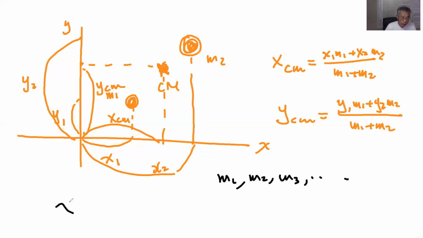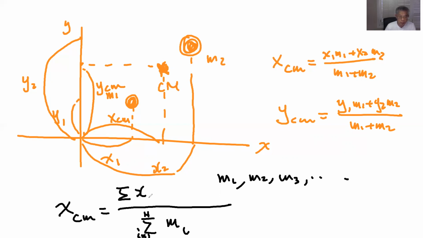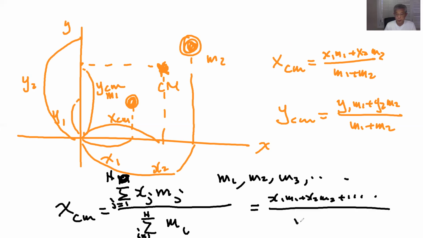In this case, your xcm will be equal to 1 over the summation of mi, with i from 1 to n, times the summation of xj times mj, with j from 1 to n. So you can extend this out: this one will be x1 m1 plus x2 m2 plus and so on, and the total mass will be m1 plus m2 plus and so on.